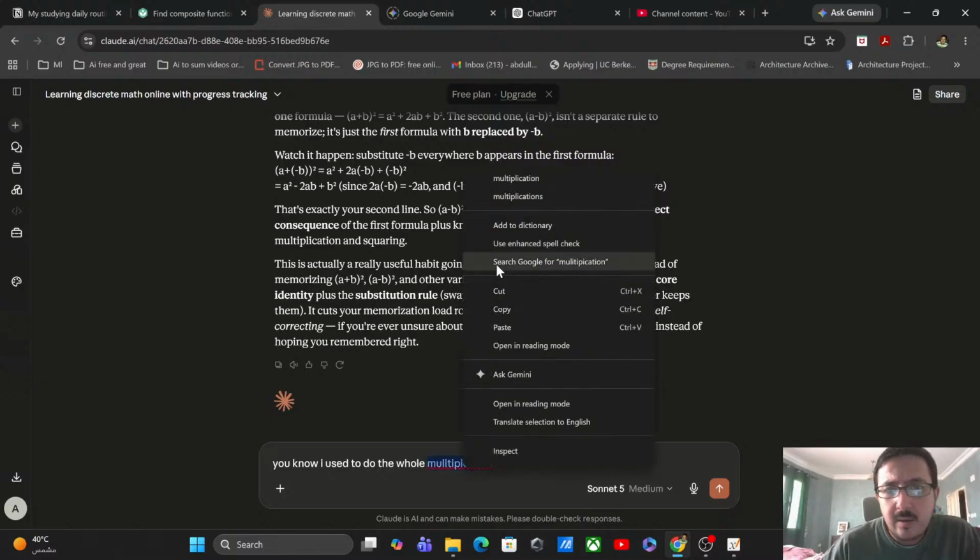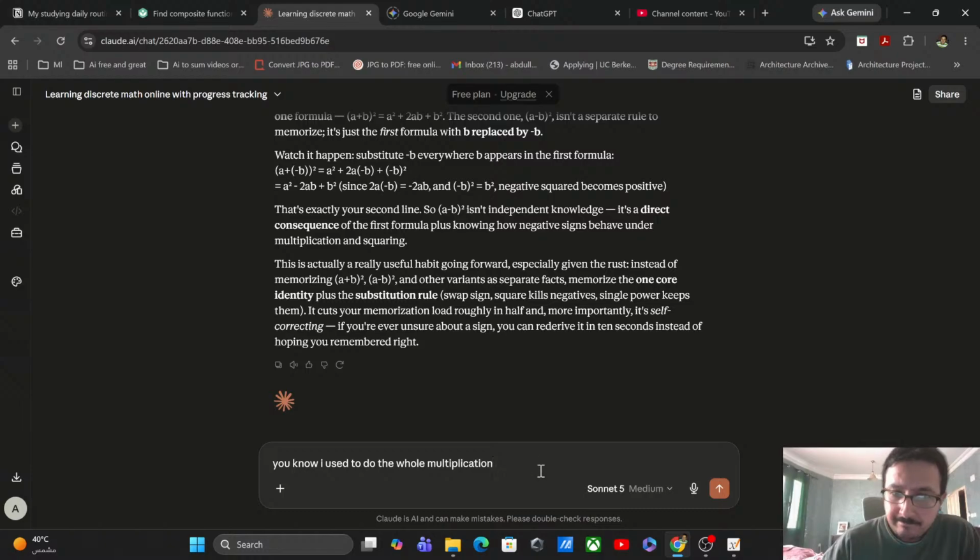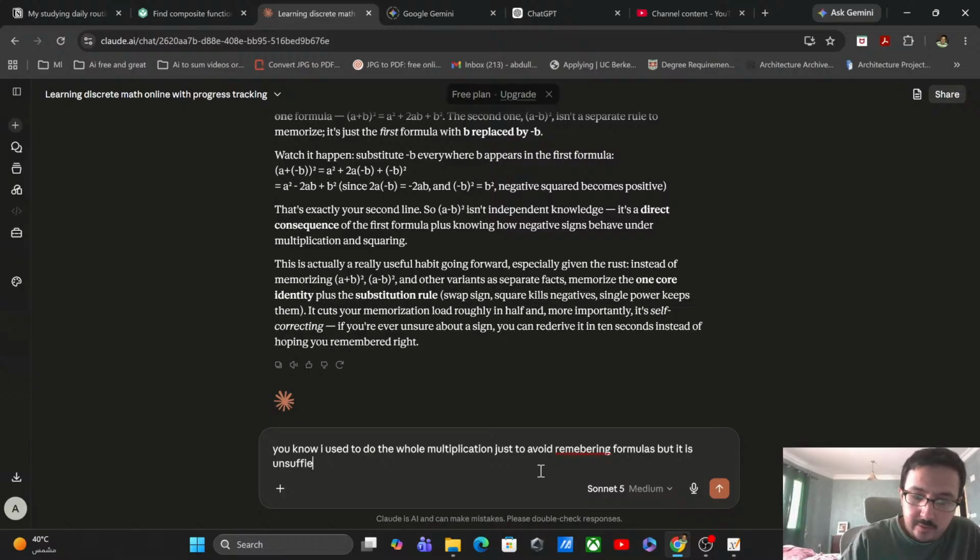For fuck's sake, multiplication. Just to avoid remembering, but is it insufficient?